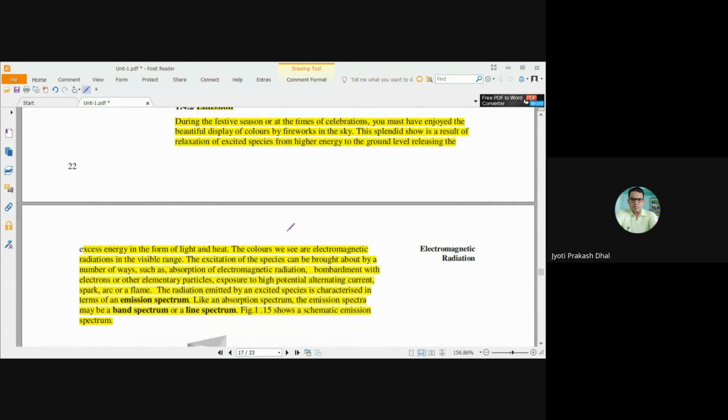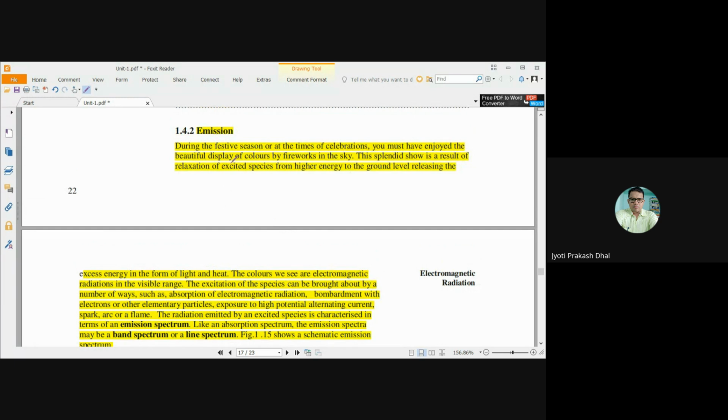Now coming to emission. During the festive season, at the time of celebration, you must have enjoyed the beautiful display of colors, fireworks in the sky. This splendid display is the result of relaxation of excited species from a higher energy level to the ground energy level, releasing excess energy in the form of light and heat.